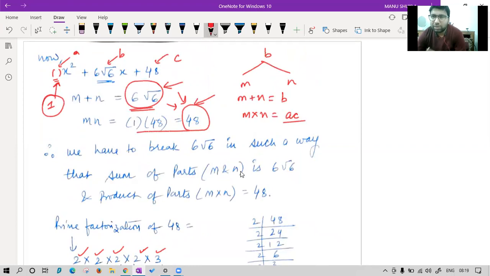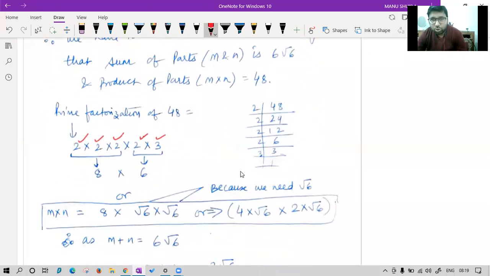Or do you require both the numbers to be irrational? This M and N, can we have only one irrational or both irrational? In this case, you should keep in mind that both should be irrational. And you can see the product is a normal number. Class, you have to take the hint that this M and N should both be irrational numbers with root 6, so that we can get a normal number when we multiply them.